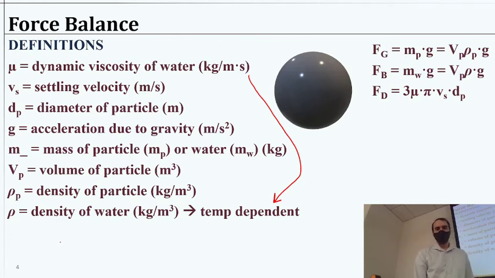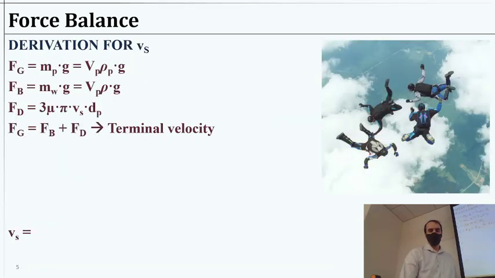Okay, so if we relate and say, what does our equation look like when we have the force of gravity equals the force of drag plus the buoyant force, we can solve for that. I think I have space on the next slide. Essentially, we can derive an equation to get us that settling velocity.